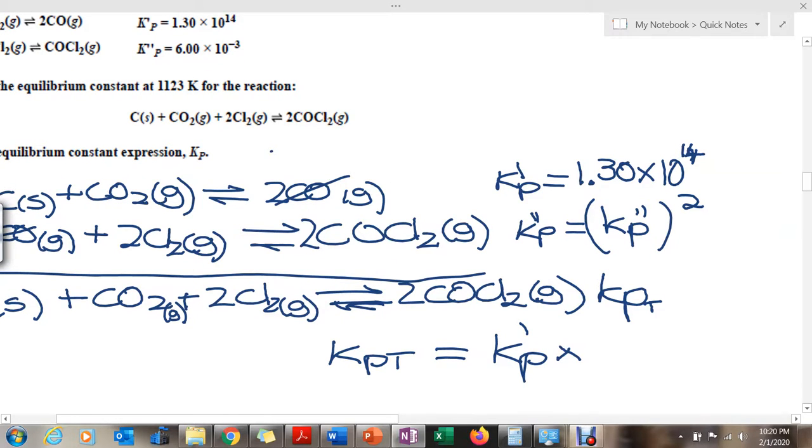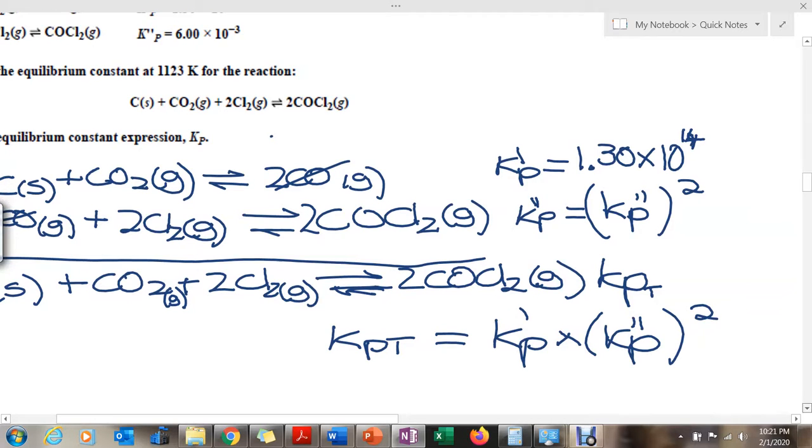Remember, if we add equations, we multiply the K's, but this one has to be squared, and that is going to be our final answer.